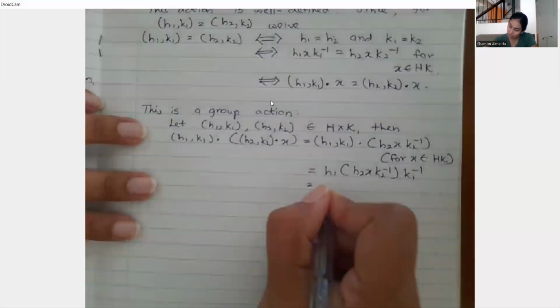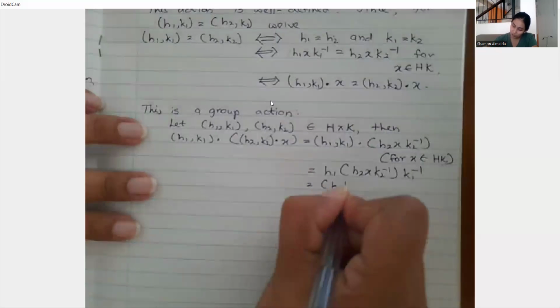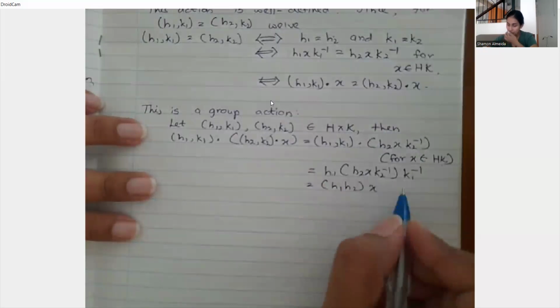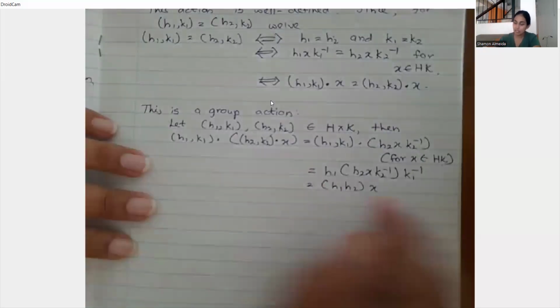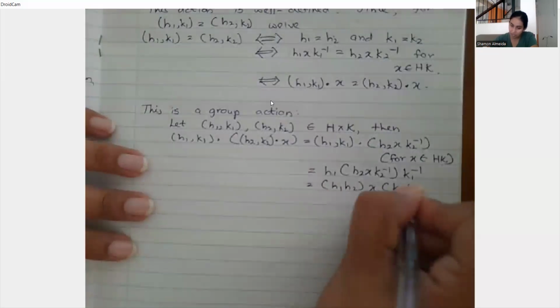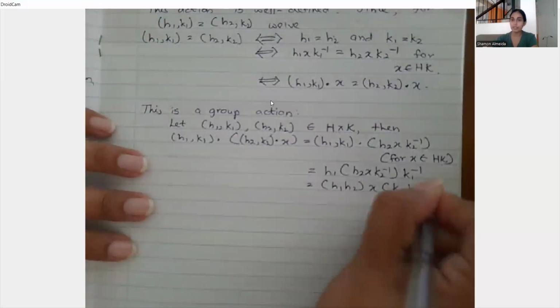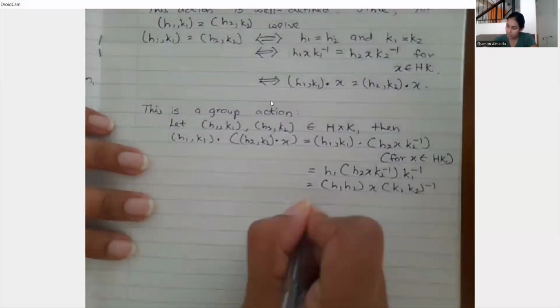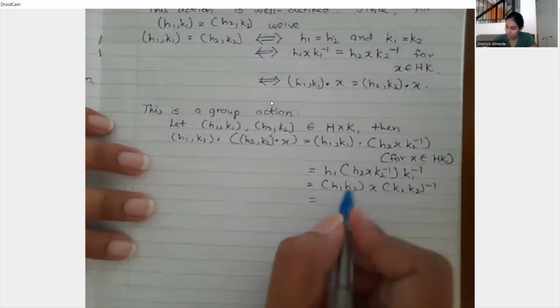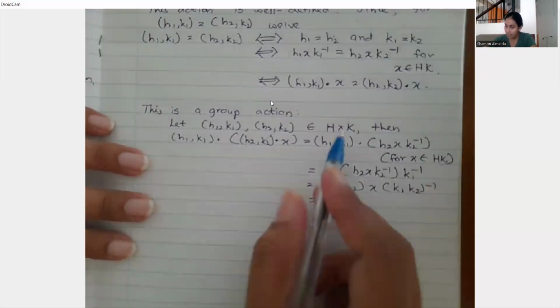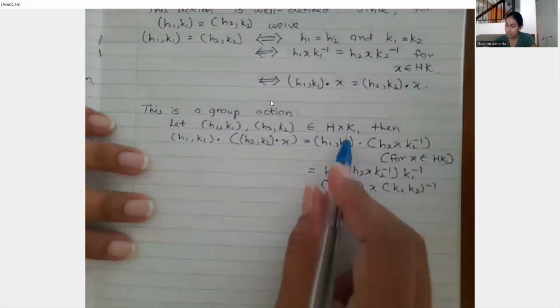We see that this ends up being h1 h2 x k2 inverse k1 inverse. Taking the inverse out, we see that this ends up being (k1 k2) inverse. Now, h1 h2 is an element in H, and k1 k2 is an element in K.